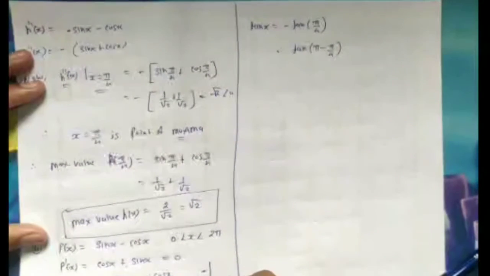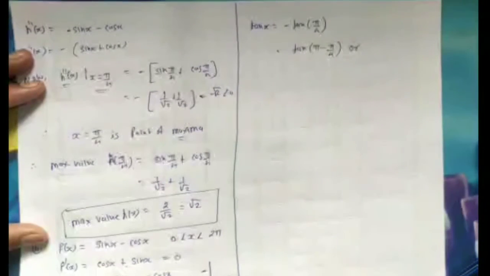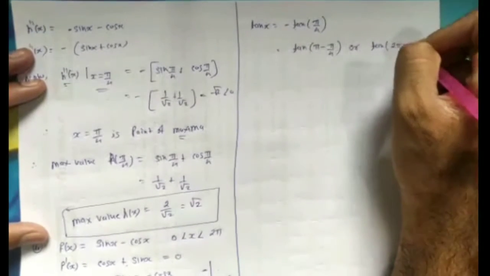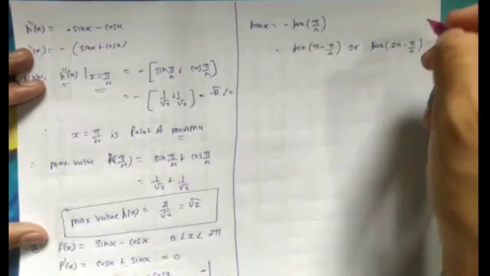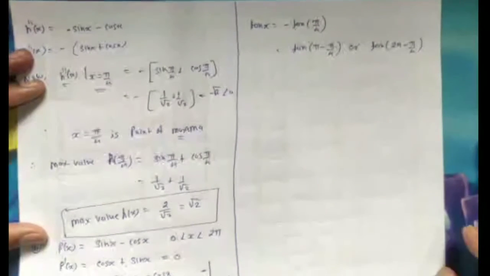So tan of pi minus pi by 4 is minus 1, or in the fourth quadrant, which is 2 pi minus pi by 4. Both of these values give tan equal to minus 1.